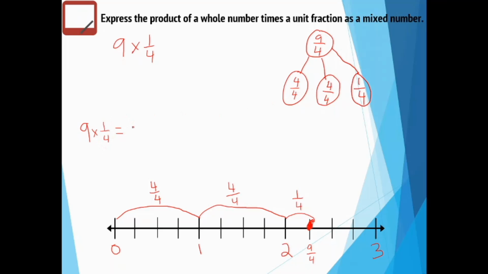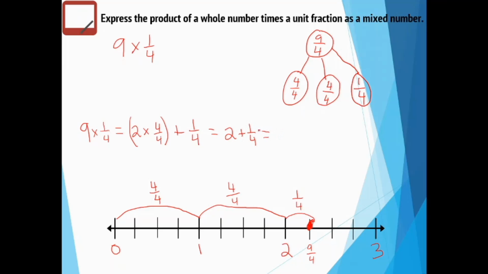So we have 2 times 4/4, right? And then we have to add in that little extra 1/4. Now we're going to change this, because if we have 2 groups of 4/4, we know that's really one whole. So 2 times 1, well, that just equals 2. So then we can write this as 2 and 1/4.